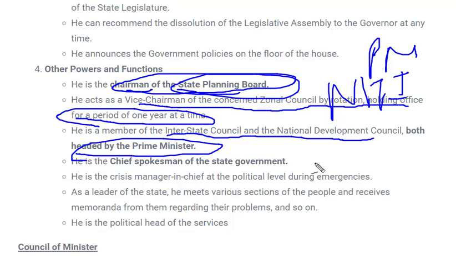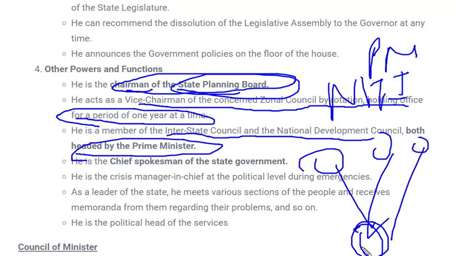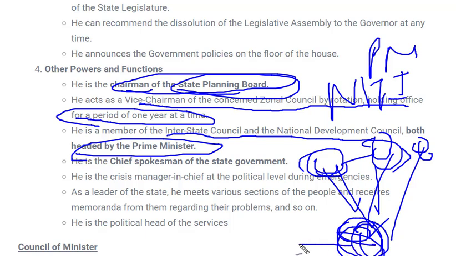Federal system means state government and central government, and at central government, this government needs representation from every state, so that from central also a few states can be managed. As we know, funds are given from central government to state government to run these states smoothly. So in this case, chief minister is member of interstate council at central level, the head of which is prime minister.